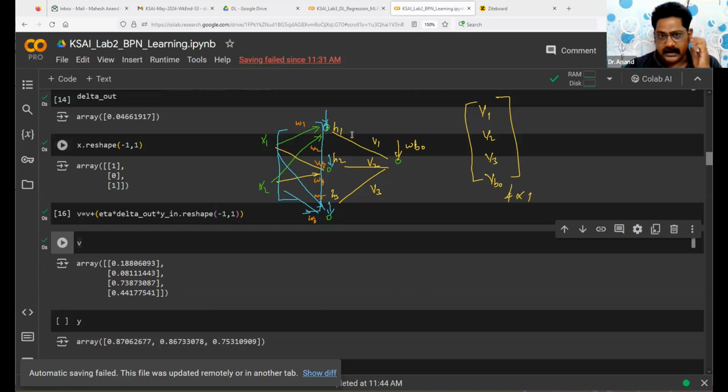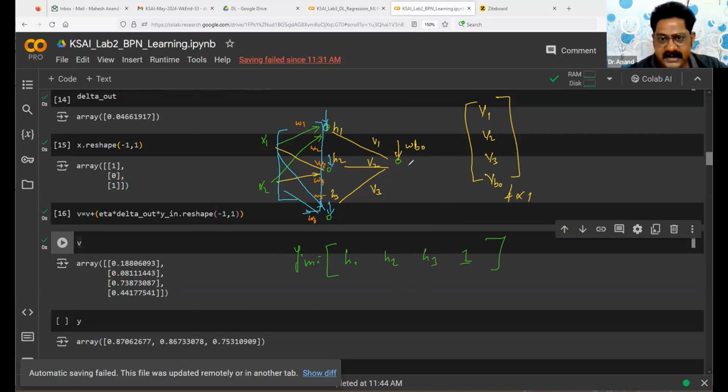One important point you should be aware of. Even in the previous session, towards the end, close to closing time, I asked this question. You may not be remembering this. Why do we truncate this Y in? Assume H1, H2, H3, and then we appended this one, right?